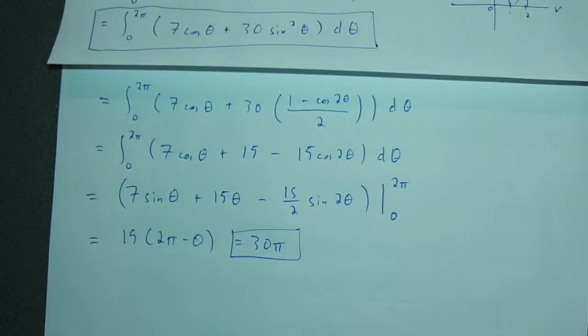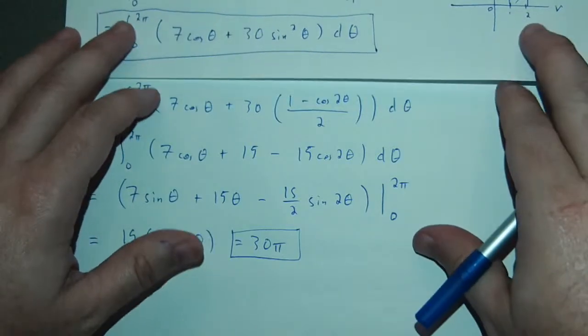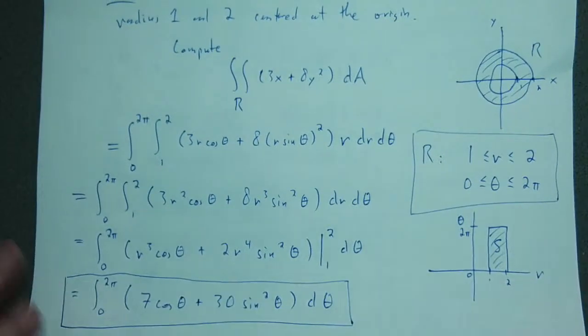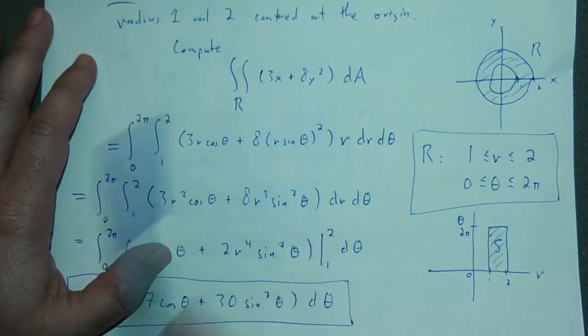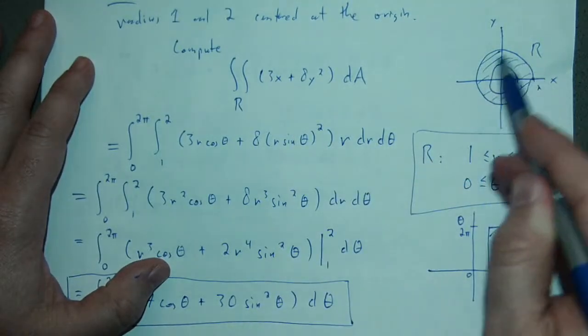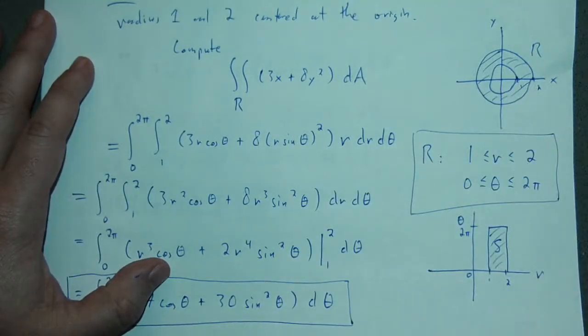Okay. Now, there's a couple of questions I could ask here. This is a nice way to reinforce ideas of symmetry here. Notice that if I go back to my original picture, I have an expression here, 3x plus 8y squared. Is this symmetric with respect to this region that I have?